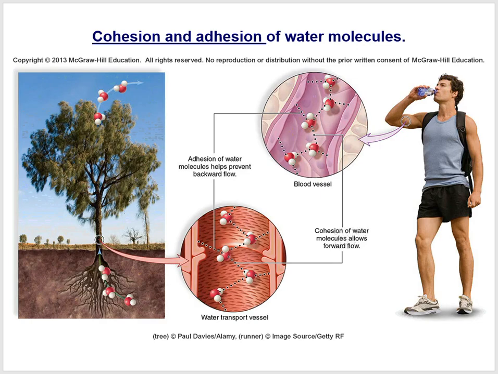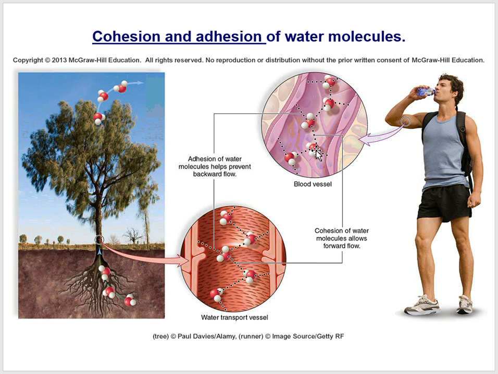The fact that water molecules are cohesive and adhesive, meaning that they stick to one another very, very well, makes it much, much easier for water to flow in our bloodstream. You see here an example, blowing up of a bloodstream. The fact that water molecules are stuck to one another, for lack of a better term, means that blood can flow very easily.